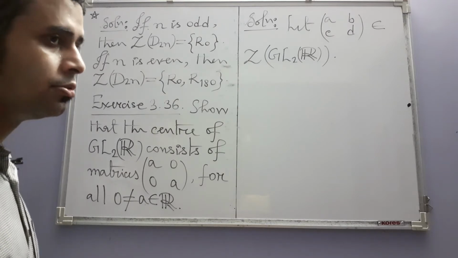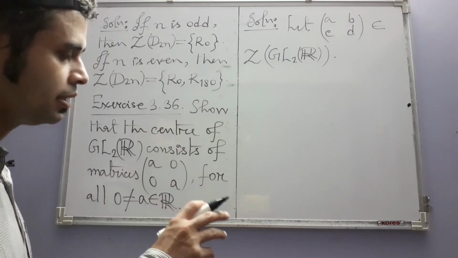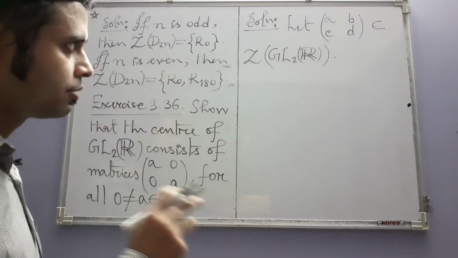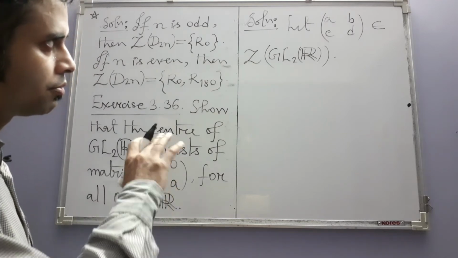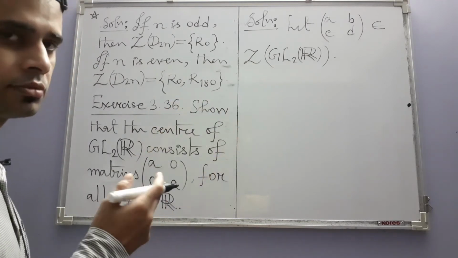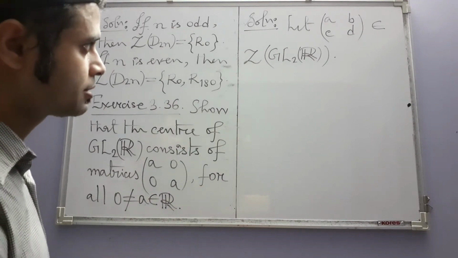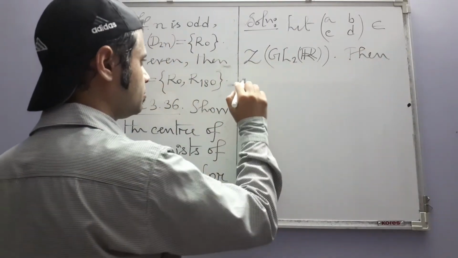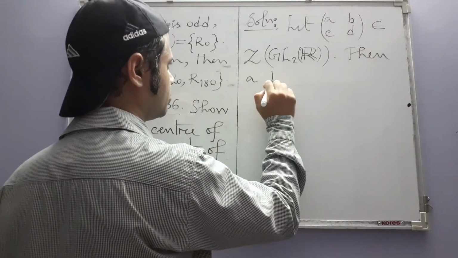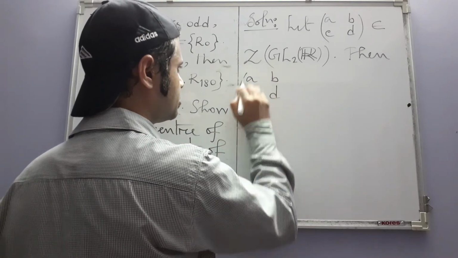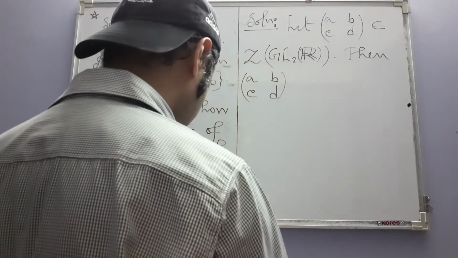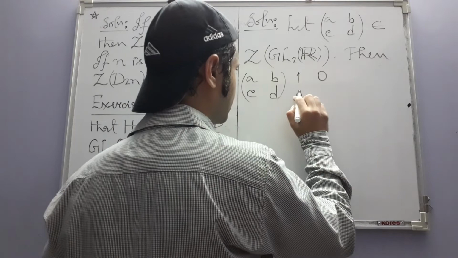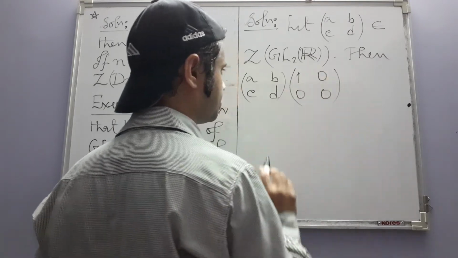So we can now use this to our advantage by picking some specifically chosen matrices and using the fact that this matrix will commute with them to figure out what conditions the entries A, B, C and D must satisfy. I in fact have done the calculation here, so let me just see what are the matrices that will help us.